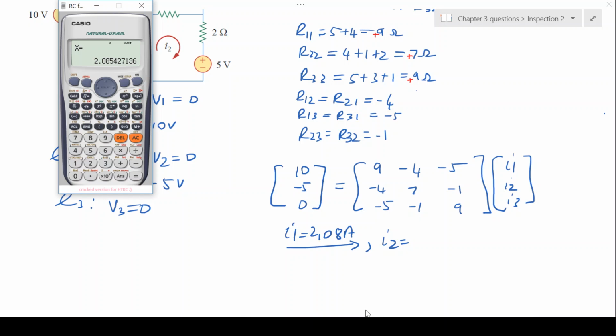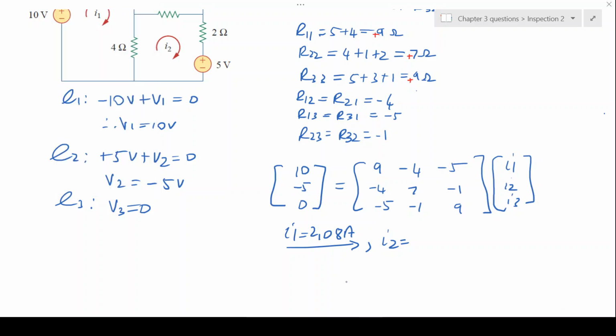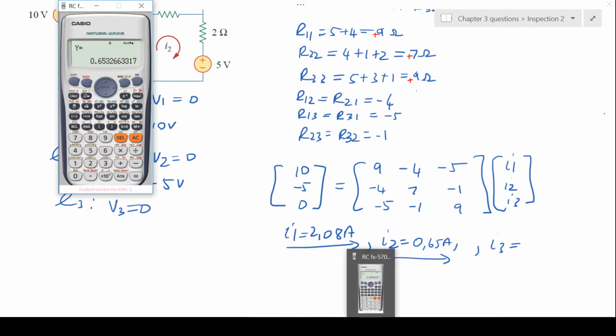We get I2 as 0.65 amps. And we get I3 as 1.23 amps.